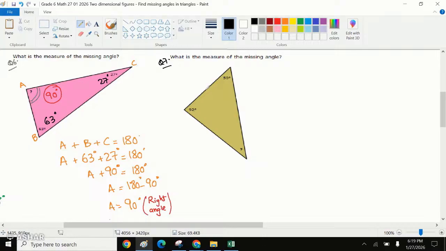Can I have the answer to question number 7? I'll write down the angles over here again. This was 92 and 50. Okay, just a moment, please. This angle was 92 and this was 50. And this angle is missing for us.